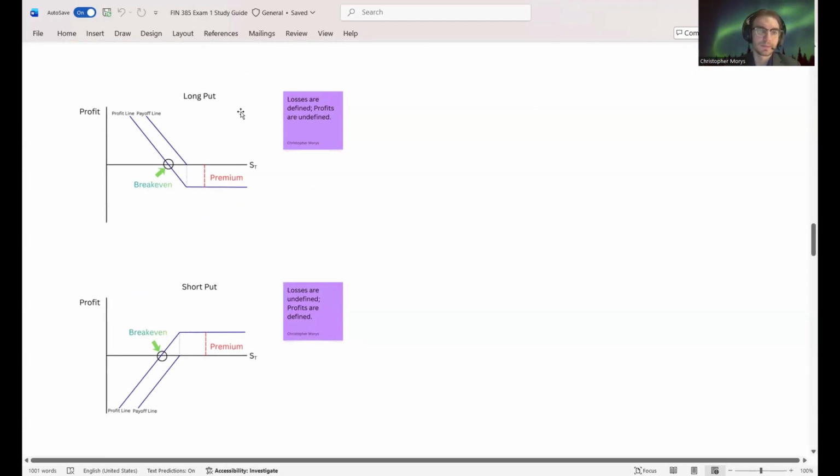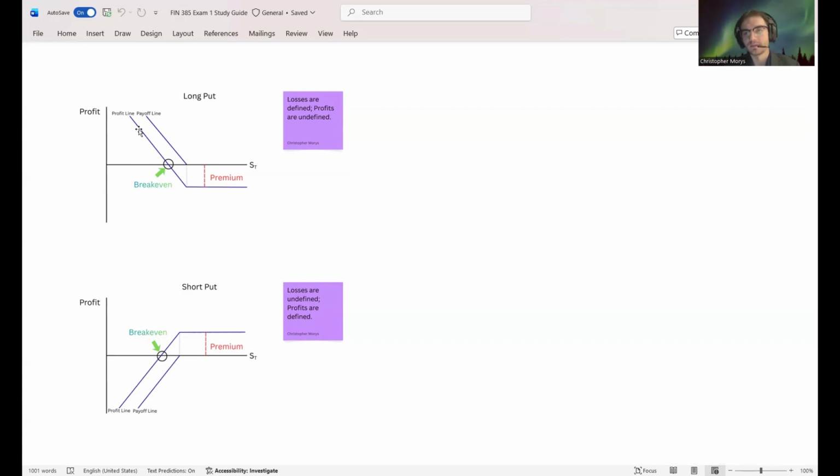So moving on to puts. In the long put, as your buyer, your profits are undefined. This is because you are betting as the long position on a put that the stock price will tank. And once again, in theory, the stock price on the market can always go down until it reaches rock bottom, or zero.